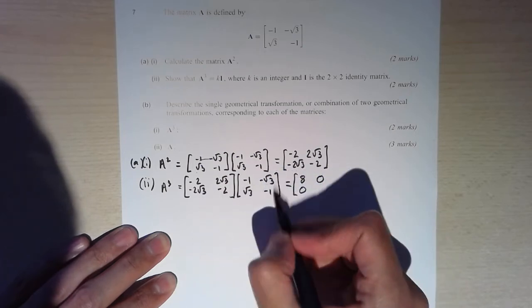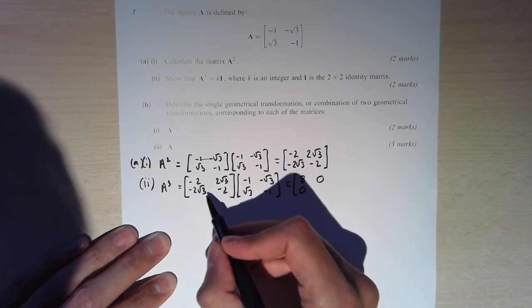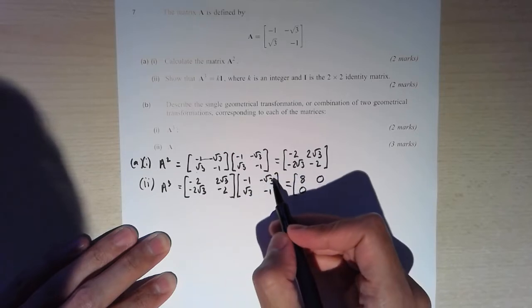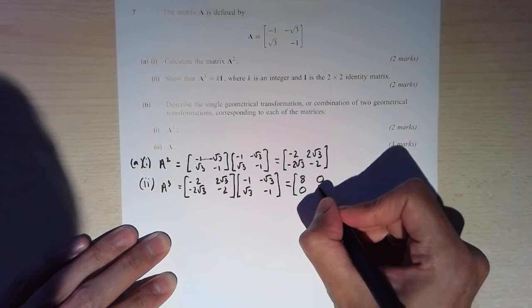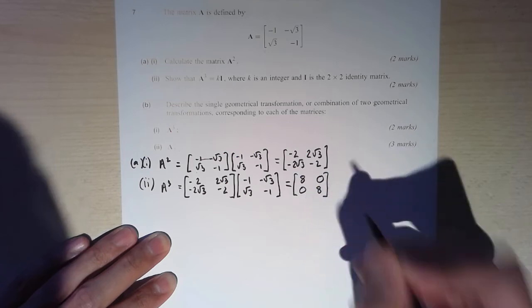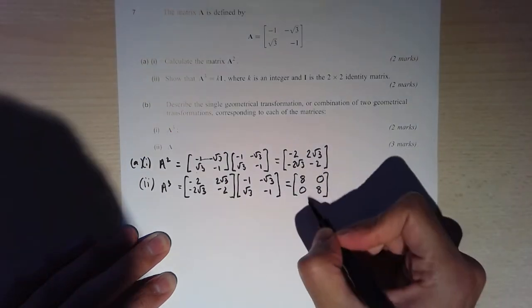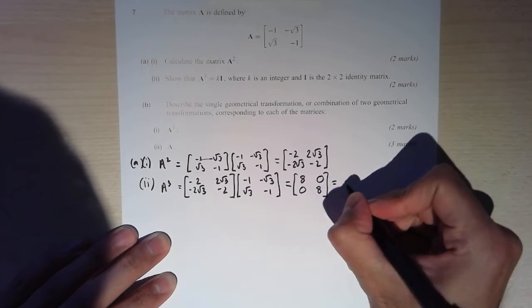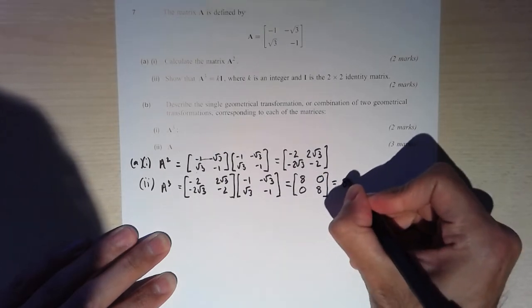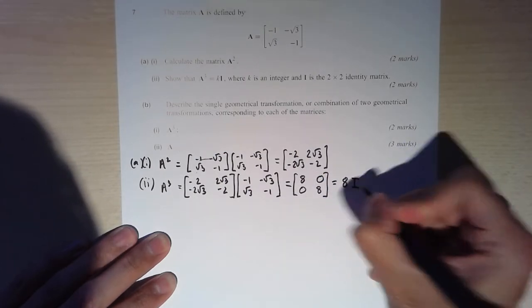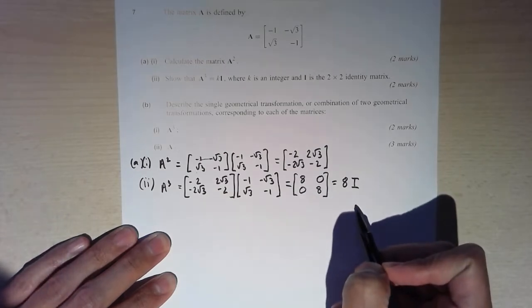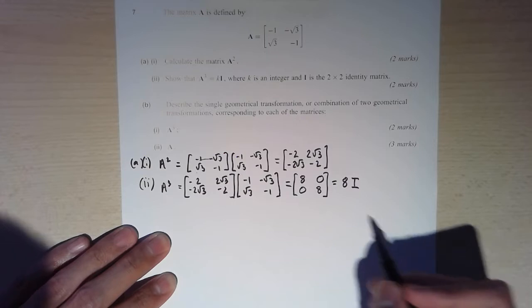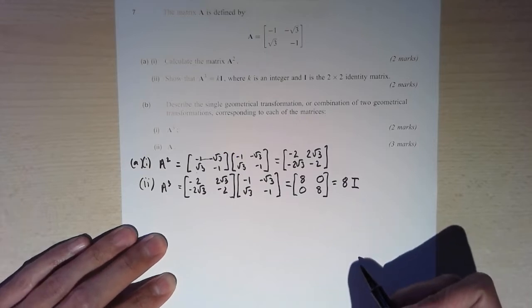And then I've got this row times this column, which is positive 6 plus 2, which is 8. So I've got 8, 0, 0, 8, and I can see that that's going to be equal to 8 times my identity matrix. My identity matrix will be 1, 0, 0, 1, so that's 8 times as big as that. So the value of K is going to be 8 in this case.